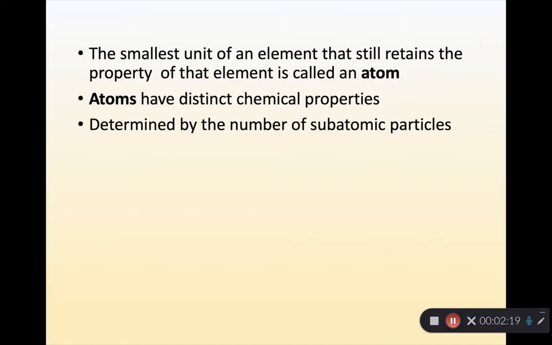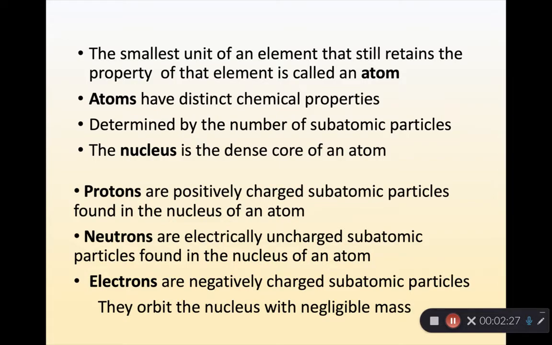Atoms are determined by the number of subatomic particles. The nucleus is the dense core of an atom, and it is made up of both protons and neutrons. Protons are the positively charged particles, and neutrons are uncharged particles. And lastly are electrons.